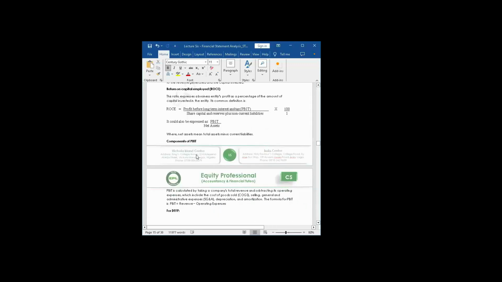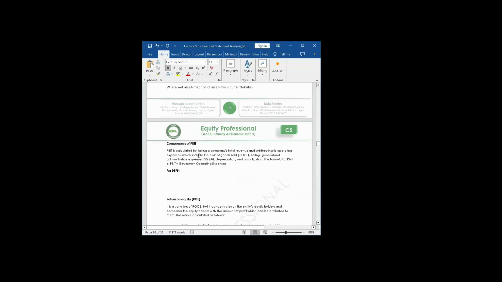So that we should be clear, when we are picking our figures, our profit before interest and tax is revenue minus cost of sales minus operating expenses.